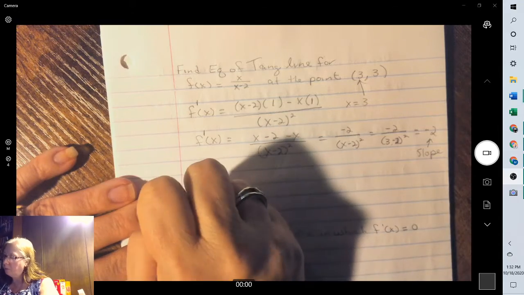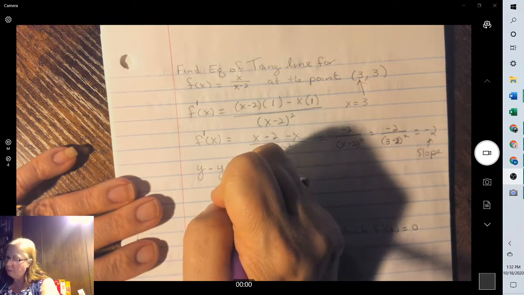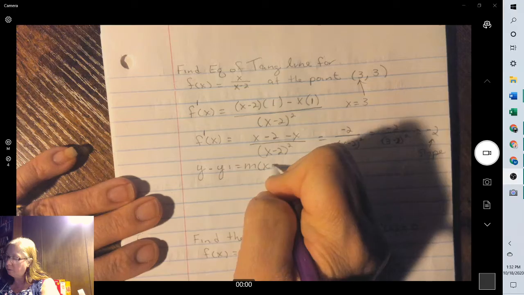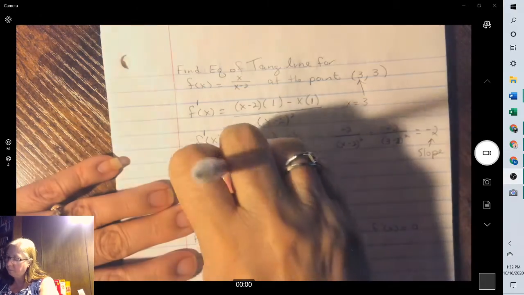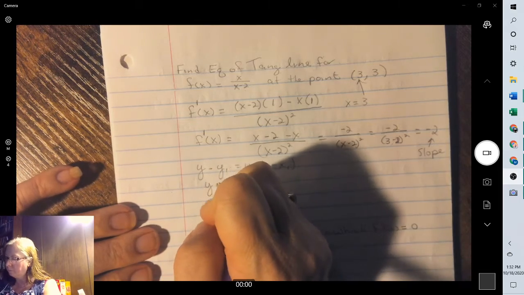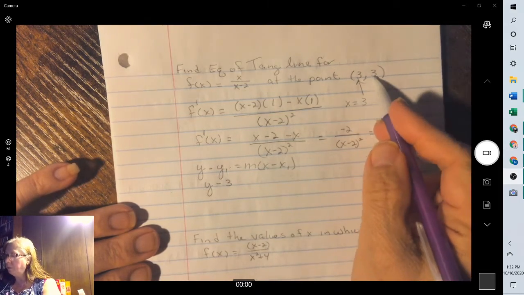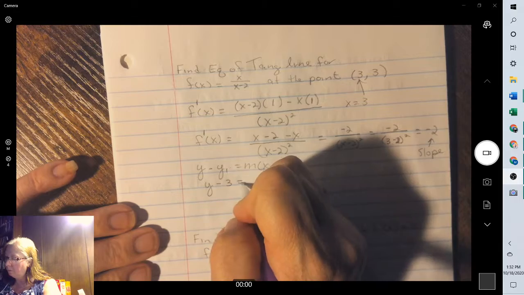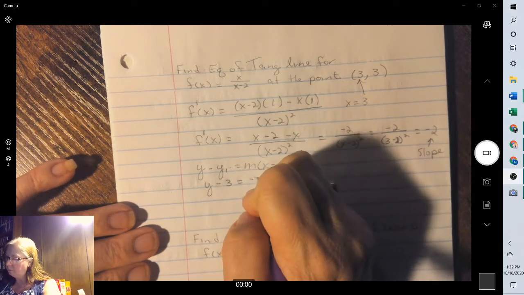y minus y1 equals m times x minus x1. Our point was (3, 3) and our slope was a negative 2.